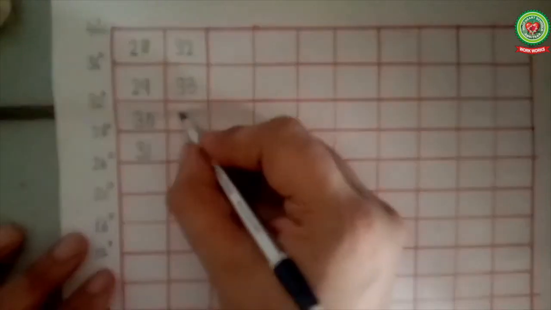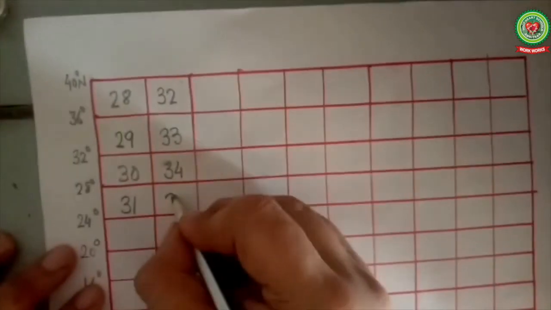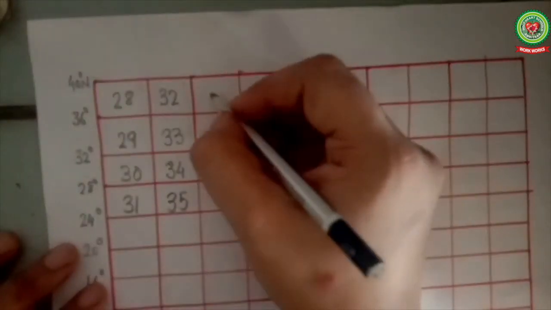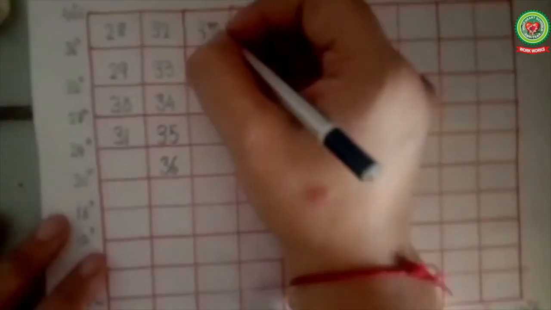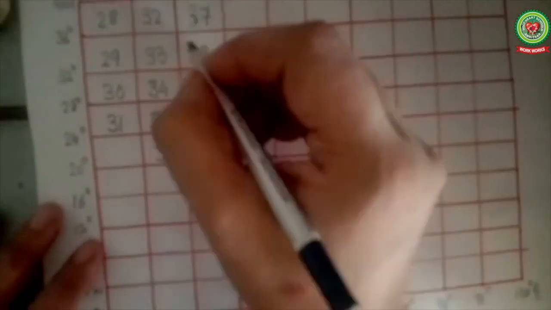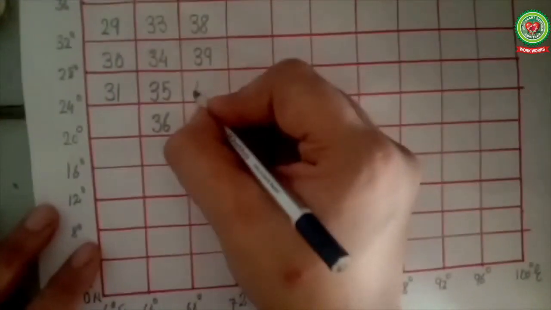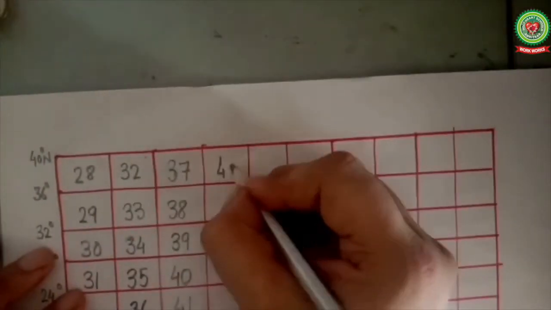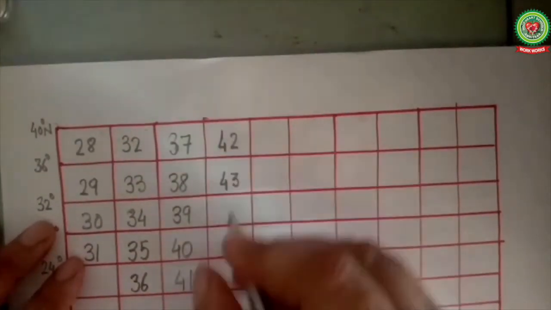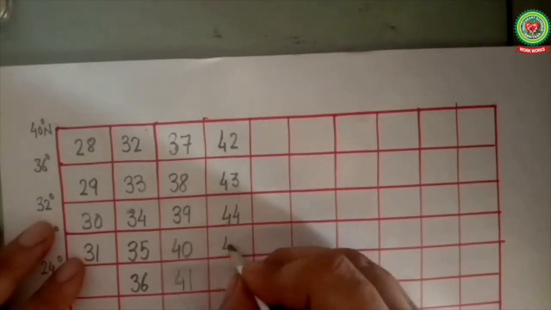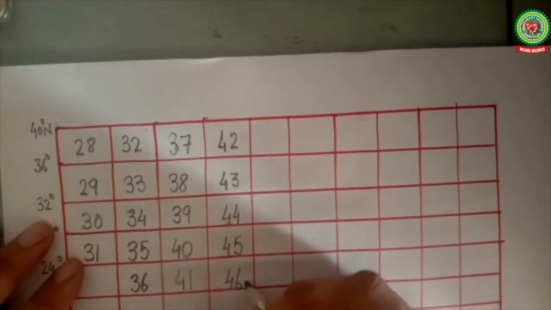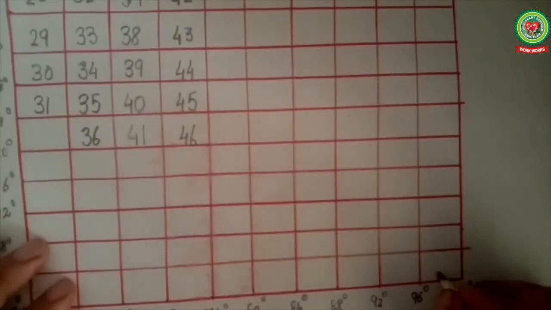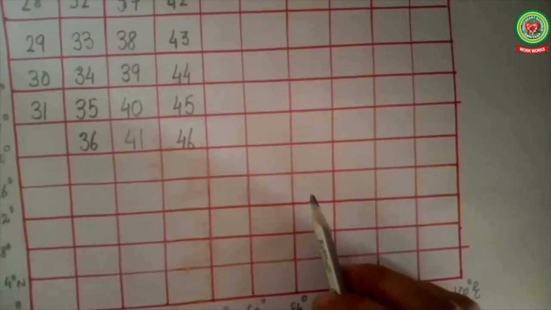33, 34, 35, 36, 37, 38, 39, 40, 41, 42, 43, 44, 45, 46, and so on till the end. The whole of the country is numbered along with its adjacent countries.